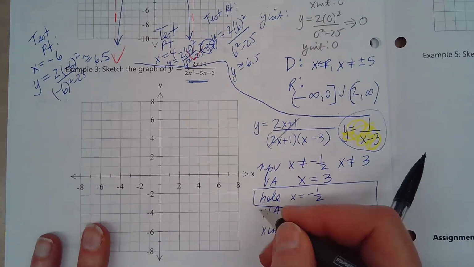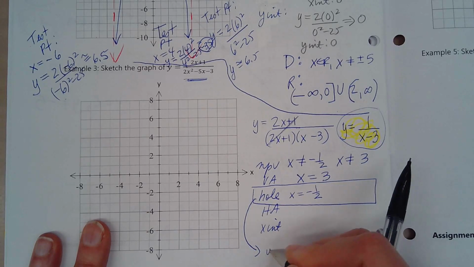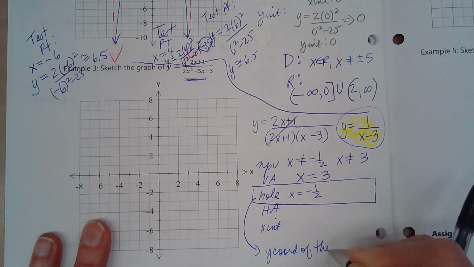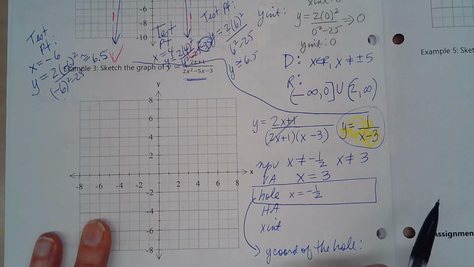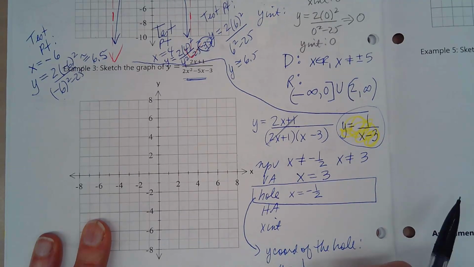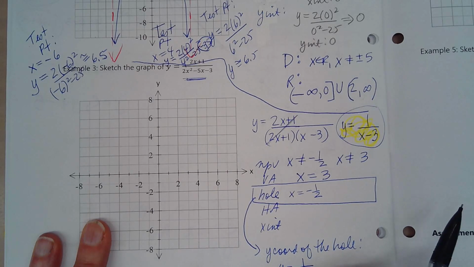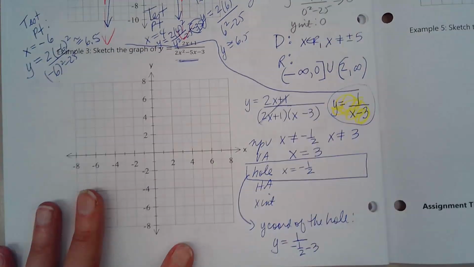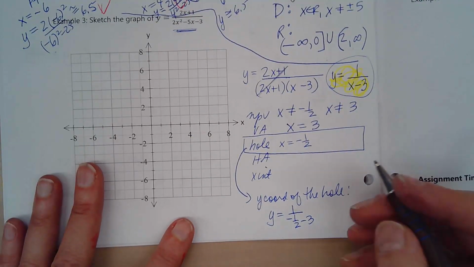So what do I have here? I'm just going to move down. The y coordinate of the hole: y equals 1 over -1/2 minus 3. This is where your fraction work comes in, right?